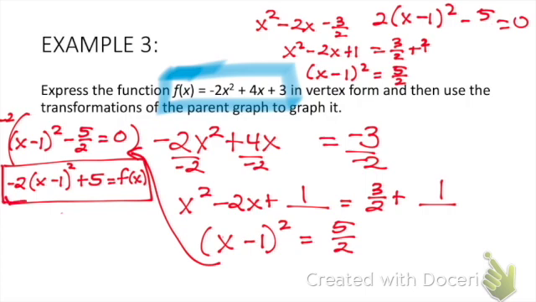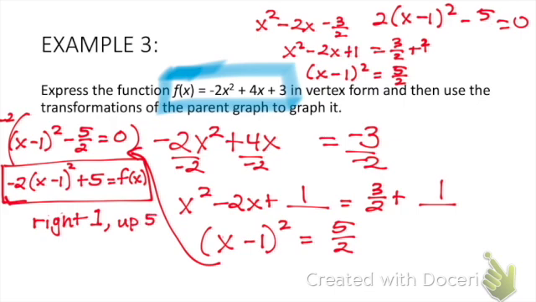Stick to what we know. Don't get fancy. Is that a good rule of thumb? So what would be the transformation? The minus 1 tells me that we're going to be shifting to the right 1. We're going to go up 5.